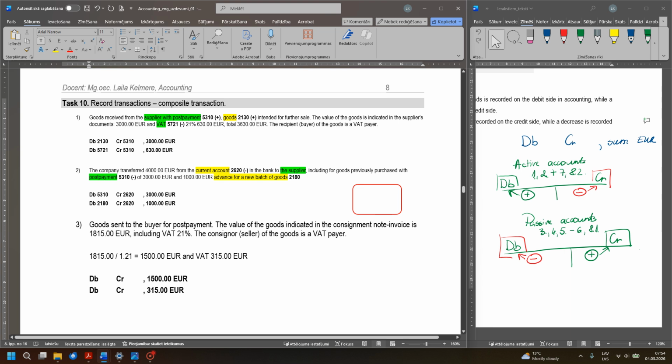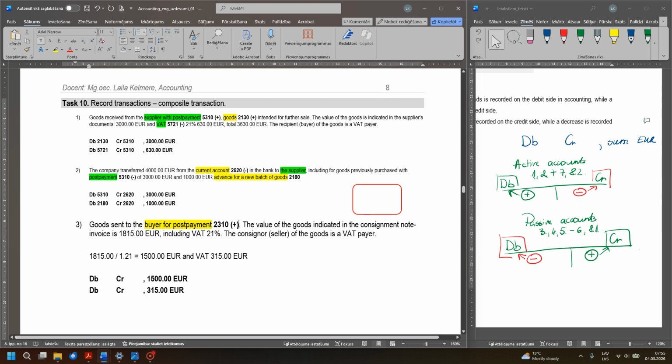If we send goods to the buyer on post payment terms, that means this buyer is our debtor. We are waiting for money from him. This will be account 2310. And the value in this account increased because the client's debt to us increased. He needs to pay us this money.